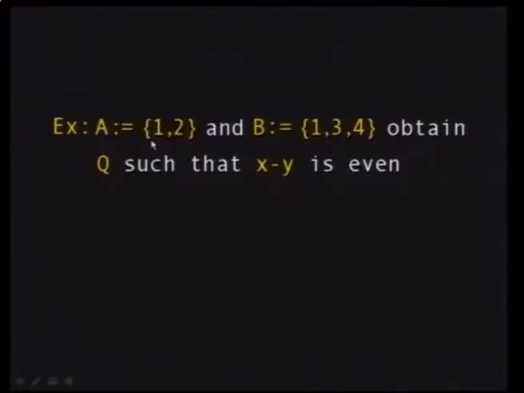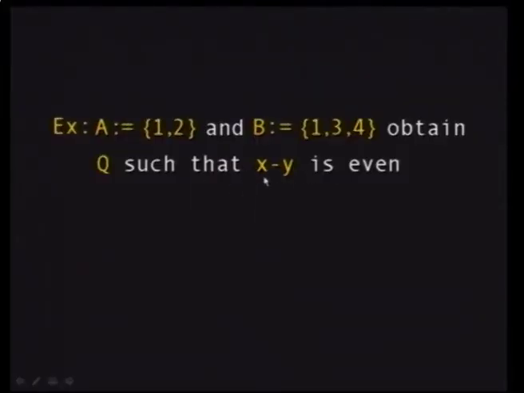Like, for example, suppose here you have a set A and a set B, and you know how to obtain the Cartesian product now, but you require that you choose a certain subset of the Cartesian product, Q, such that X minus Y is even. So now you don't associate all X with all Y's, because you choose only those that have the quality that X minus Y is even.